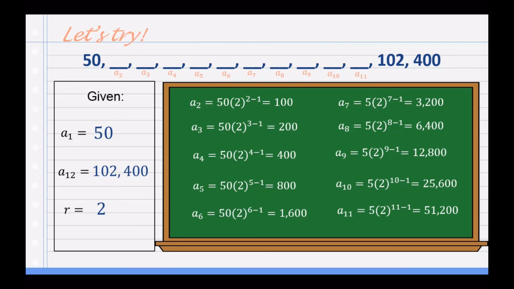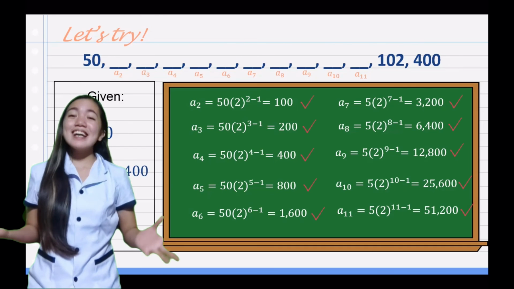Therefore, the geometric means, or the amounts in the months between January and December that Michael has saved, are 100, 200, 400, 800, 1,600, 3,200, 6,400, 12,800, 25,600, and 51,200. And that's it!